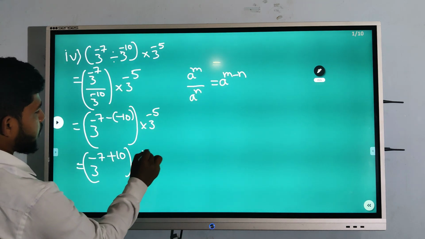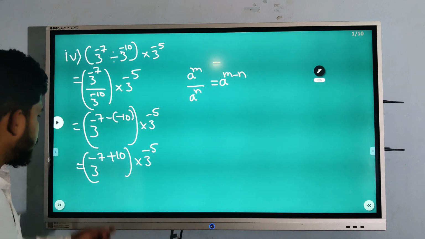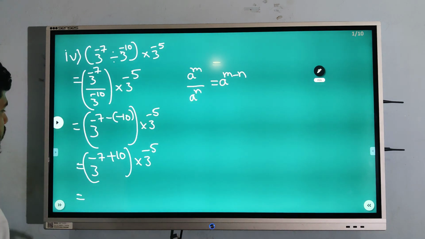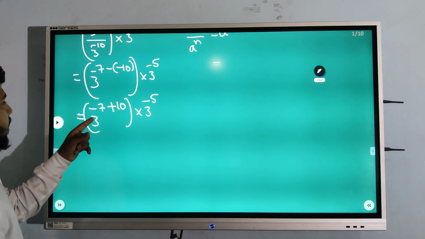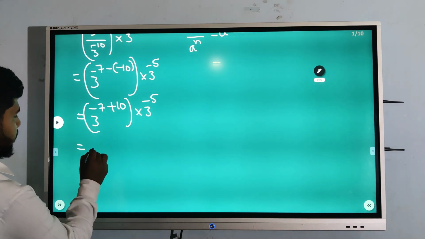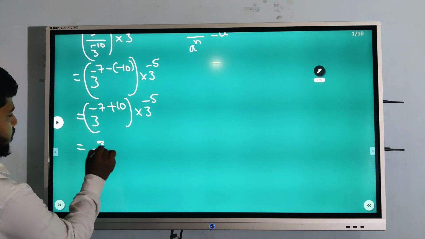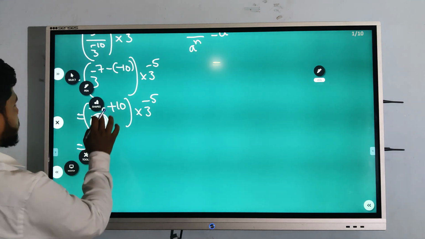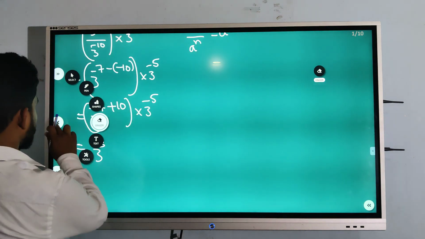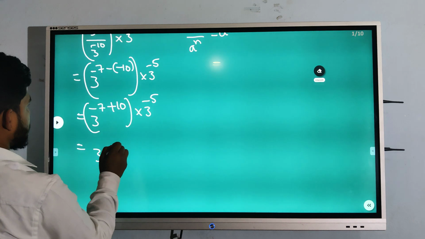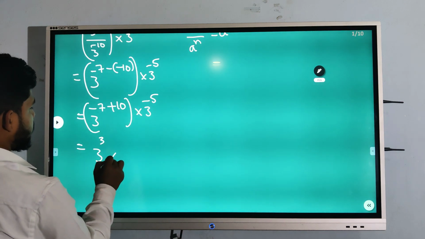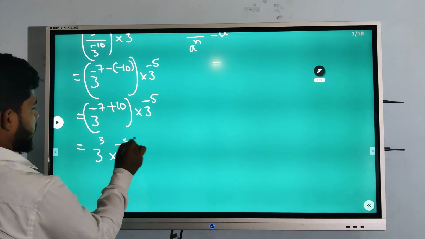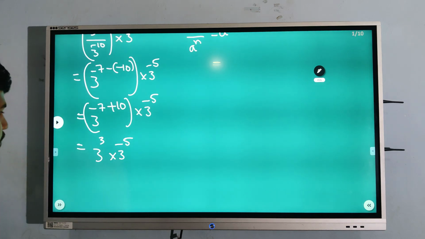So 3 power minus 7 plus 10 is equal to 3 power 3. Now we have 3 power 3 into 3 power minus 5.